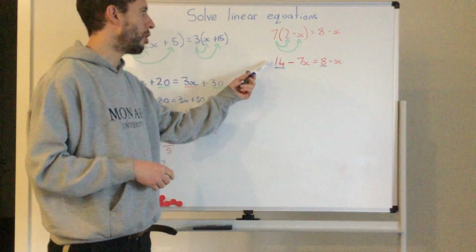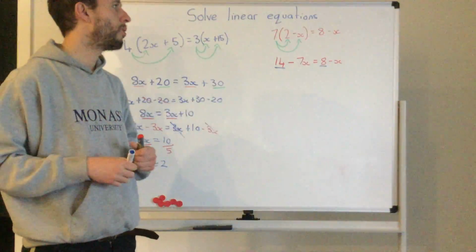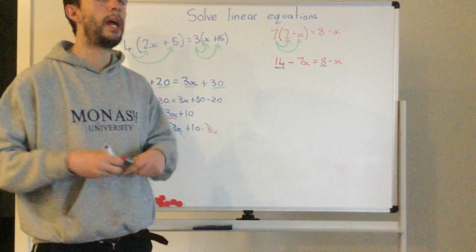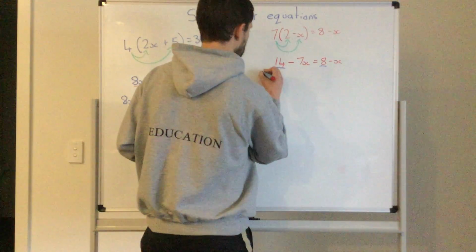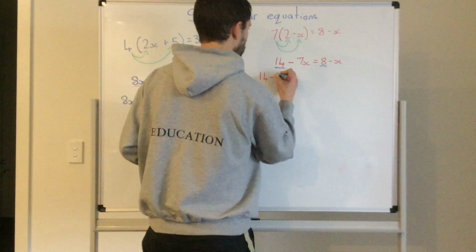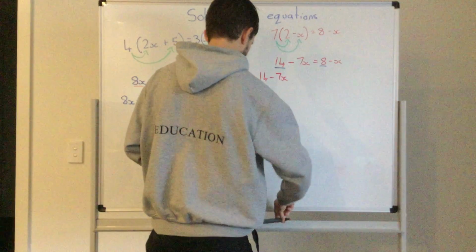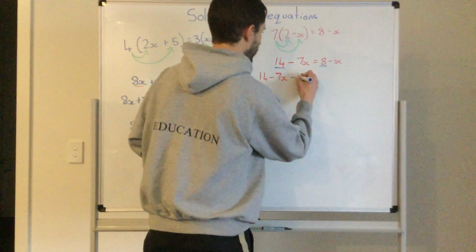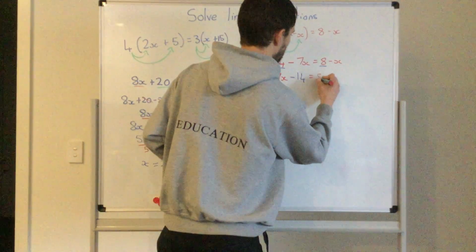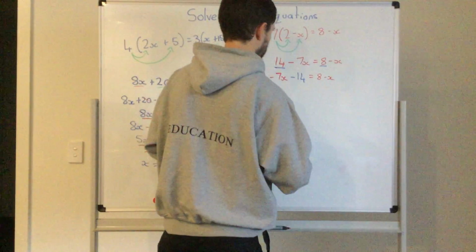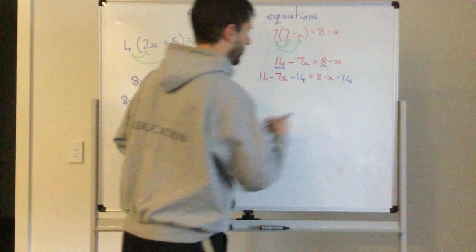So I've got positive 14 here. To get rid of positive 14, I need to do negative 14. So take 14 away on each side, so I'll write my question down. 14 take 7x, take 14, equals 8 take x, take 14.